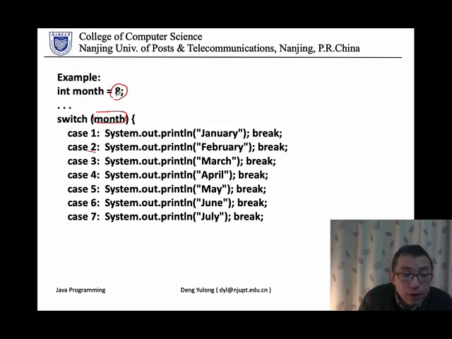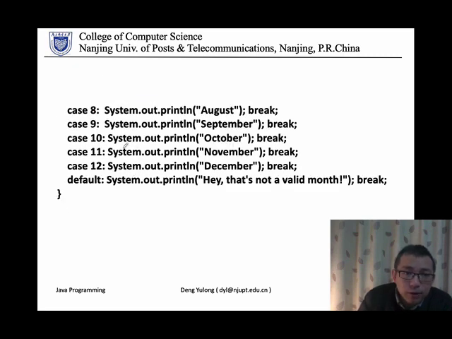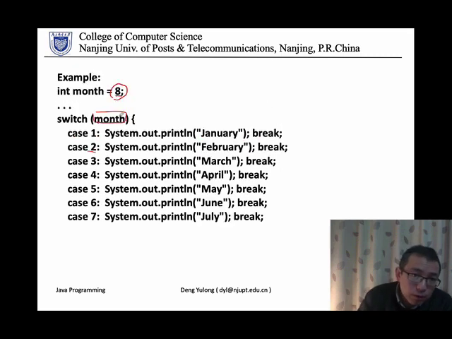Now we have the value 8, so we look up all these cases and find, oh, we have an 8, so it's matched. It prints out August on the screen and then breaks. But if in this expression we give a different number, for example 13, because we know there is no month 13.